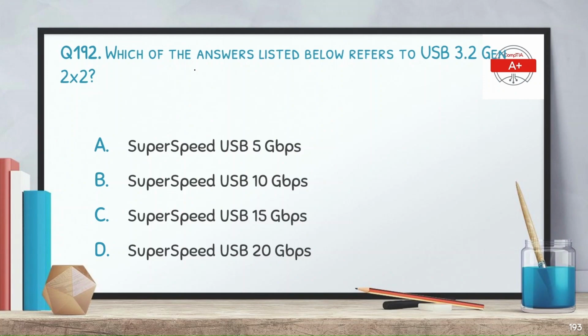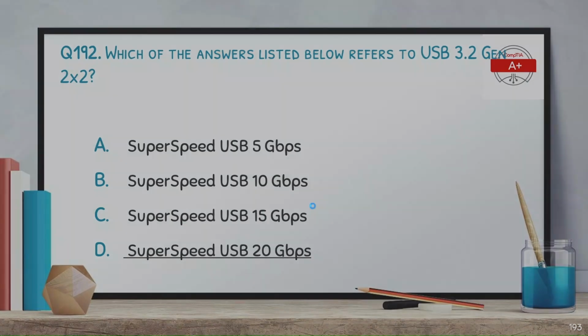Question number 192 is, which of the answers listed below refers to USB 3.2 generation 2 by 2? The options are again super speed USB 5 Gbps, option B is super speed USB 10 Gbps, C is super speed USB 15 Gbps, and option D is super speed USB 20 Gbps. The correct option is super speed USB 20 Gbps.